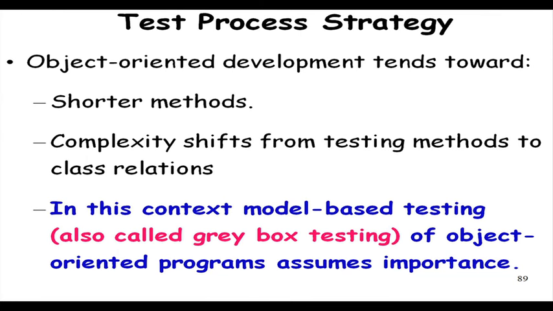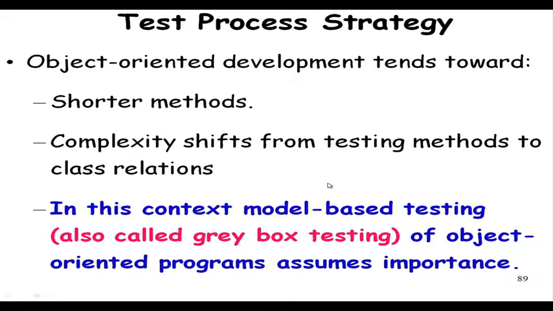The methods tend to be short and the complexity shifts from testing methods to class relations. Because the methods are small, bugs are not very likely to be there. The bugs are more likely to be there in the class relations, association, aggregation, inheritance and so on.